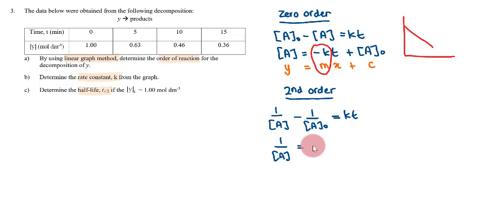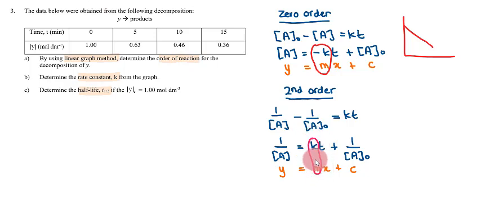So, 1 over [A] is equals to kt plus 1 over [A] naught. So from this equation yang kita dah rearrange, kita dapati 1 over [A] adalah Y axis, equals to mx plus c. So again the gradient is equals to k.